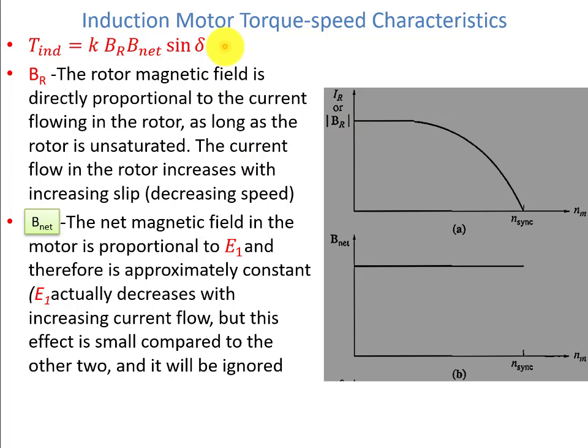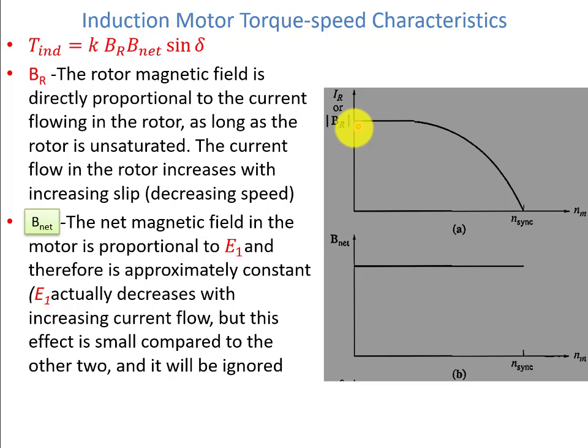The first one that we want to see is, as we know, that torque induced is K times BR B net sine delta. First of all, we look at BR, the rotor magnetic field, which is plotted against the speed of the motor, and the rotor current, because they are proportional.